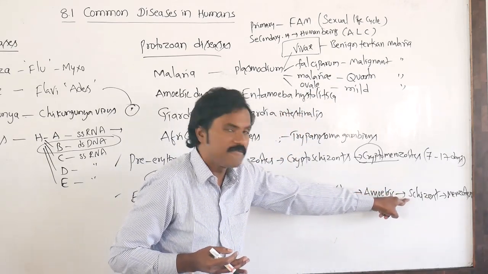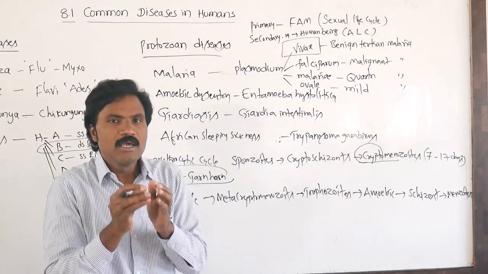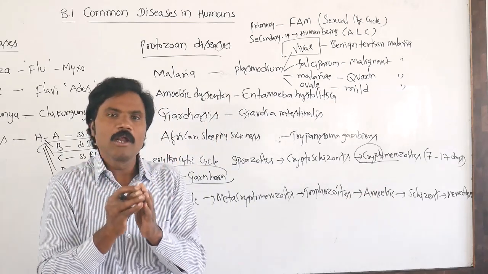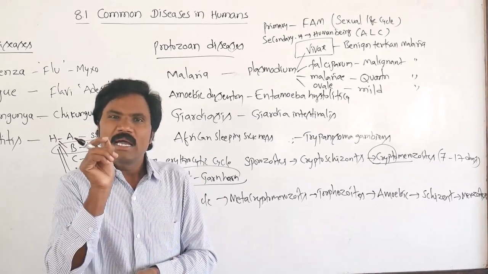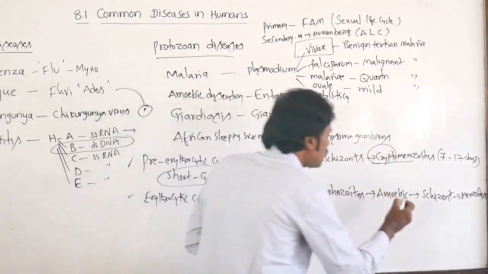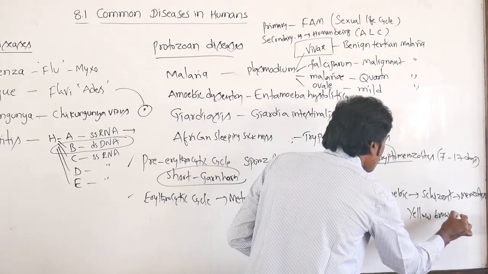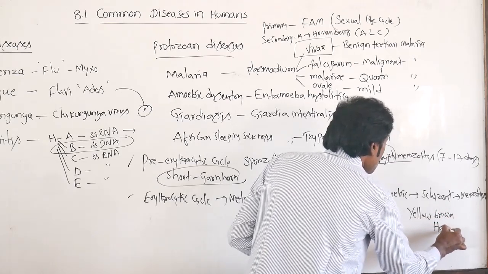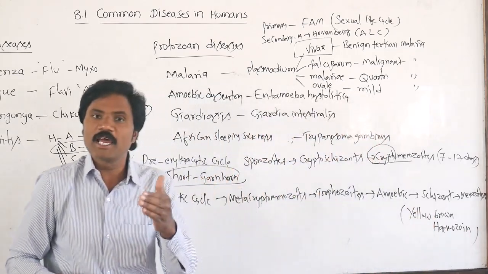Inside it, yellow as well as brown colored granules containing hemozoin are present.